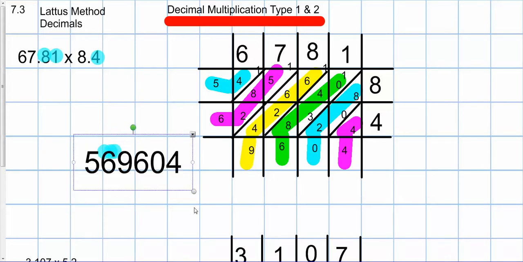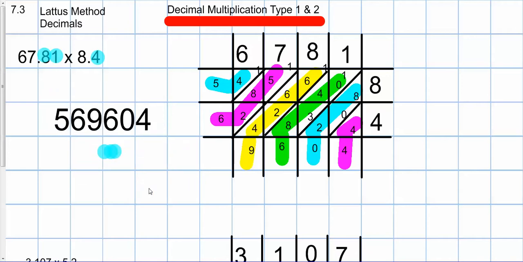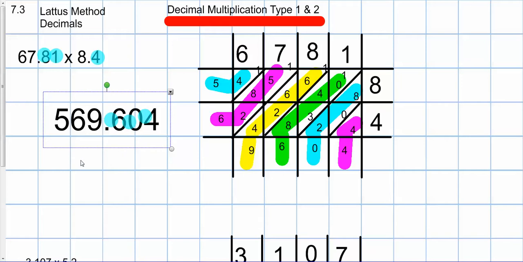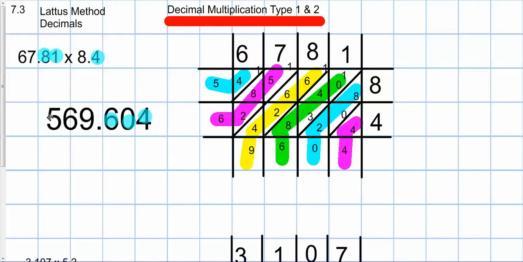Let's make this a little bit bigger so it's easier to read. So I started with 1, 2, 3. That's much easier to see. And then my decimal point goes right there. So 569 and 604 thousandths is my answer.